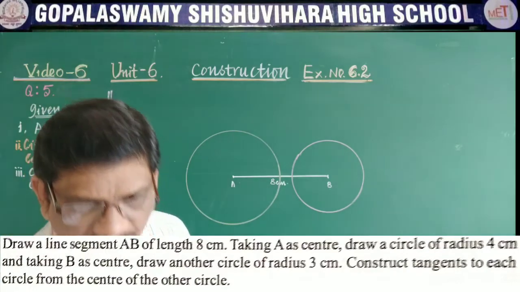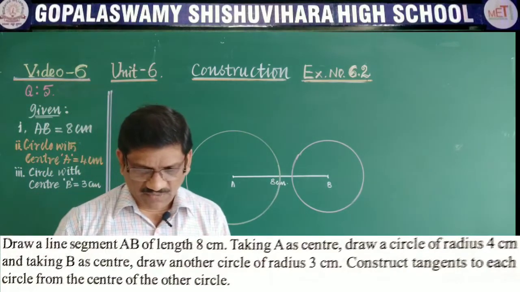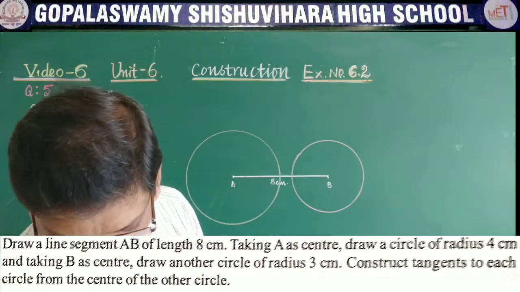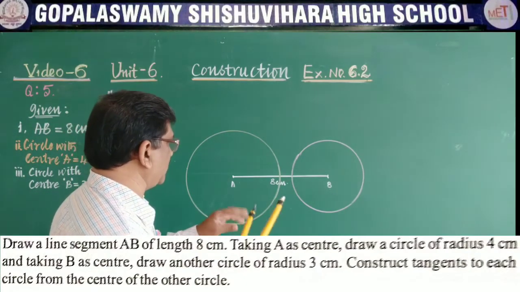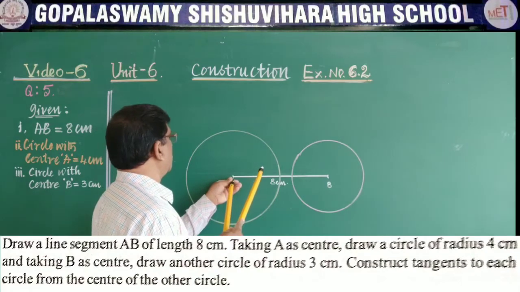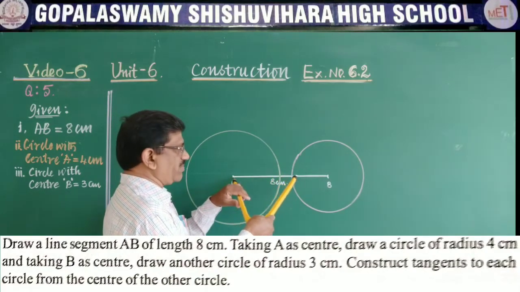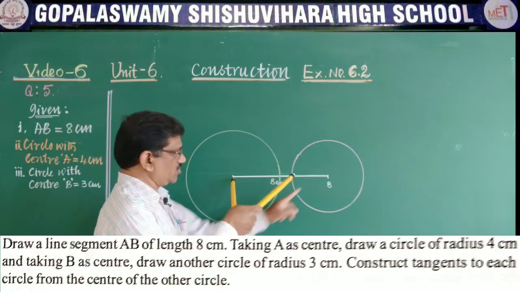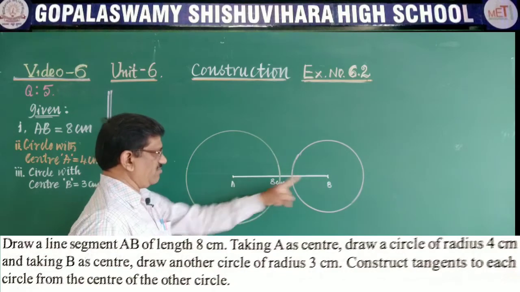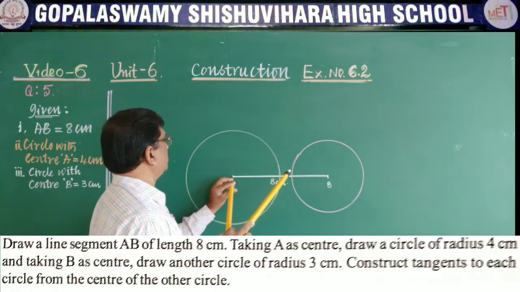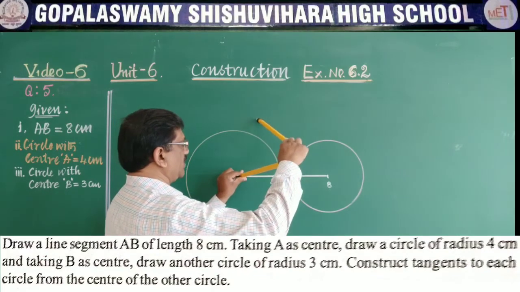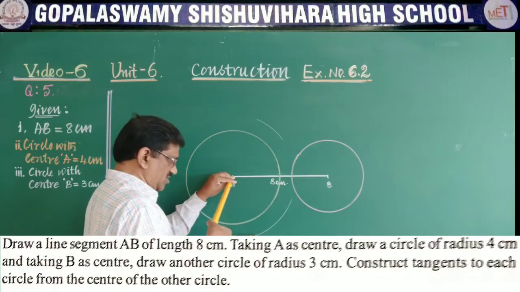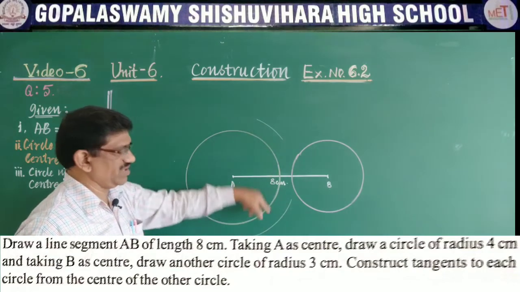What we have to do, children? Taking more than half of the line segment AB, we have to construct a perpendicular bisector to the line segment AB. Okay. With A as a center, more than half of AB, draw arcs on either side of AB.